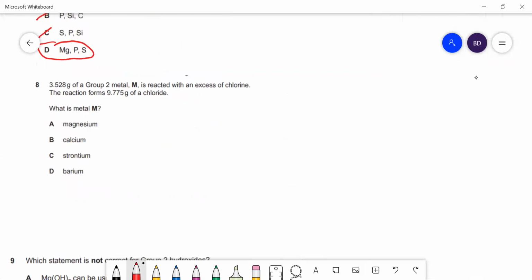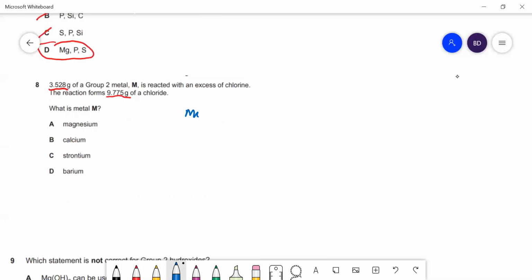Okay, question 8. Right. We've got this many grams of a group 2 metal is reacted with an excess of chlorine. We've got that much chloride formed, so we can work out the mass of chlorine in that. So let's do that.